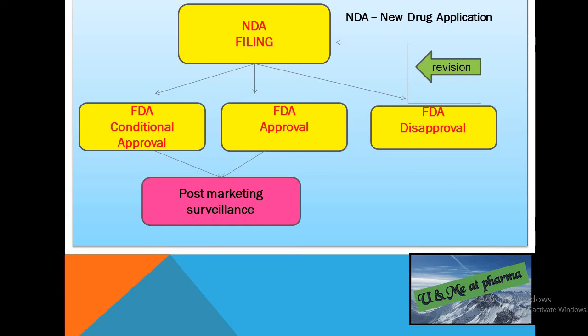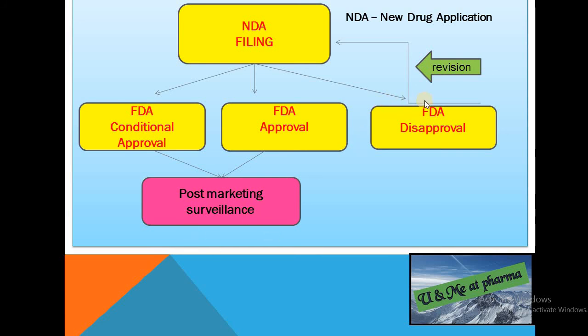If not, there's another case, FDA conditional approval. The drug might not be satisfying some criteria, so the FDA puts up conditional approvals. If the conditions are satisfied, then it may give the approval. In both approval cases, finally the drug will be in the market, which is called post-marketing surveillance.